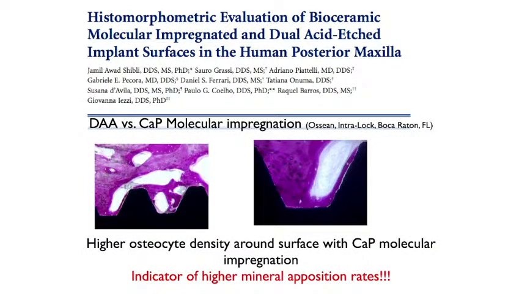This is the paper Dr. Miller was referring to, so I will not repeat everything he said, but one thing that I want to point out was the higher density of osteocytes around this surface. What does that mean? At that point, I sat down with my good friend Paulo Coelho from NYU, and I told him, you know what, my intuition is telling me that there is something on the surface that is affecting the genetic outcome of the cell differentiation.